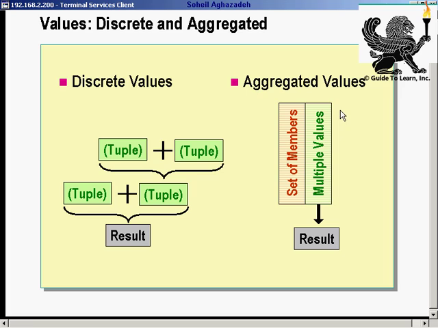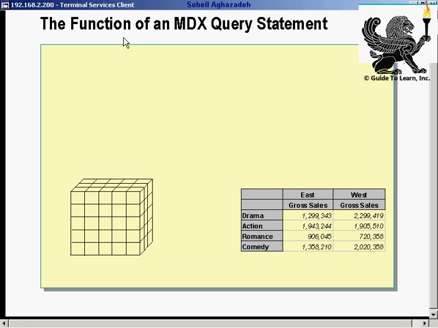Versus aggregated values, which would give you a summary of a certain specific section of your cube. So, as far as the value goes, the single value needed by the calculated member could have come from aggregated values. Now, the function of an MDX query statement is to get the data in a specific location.